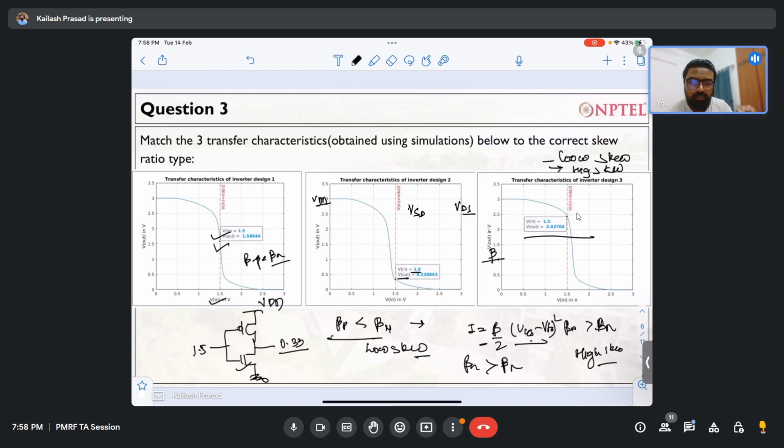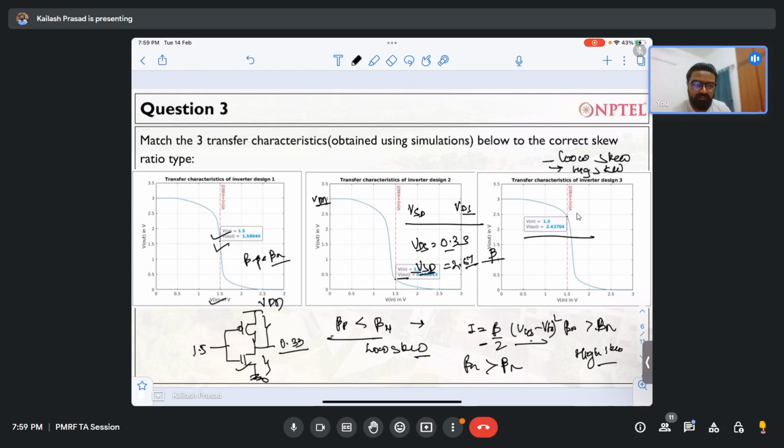So what you have to calculate is VSD. The VDS of NMOS is 0.33, and the VSD of PMOS is very high, so it will be 3 minus 0.33, which is 2.67.